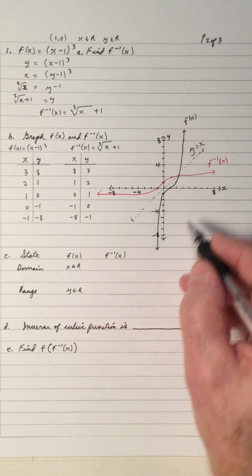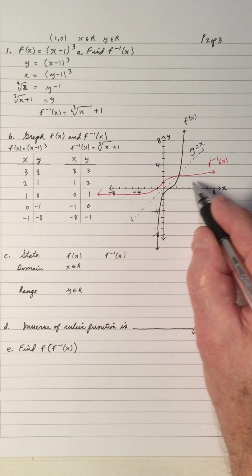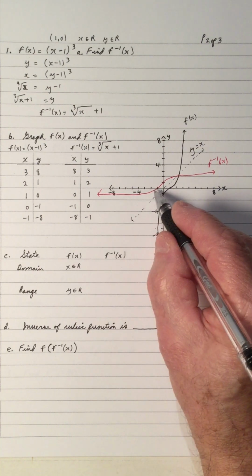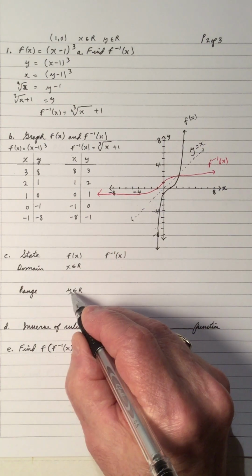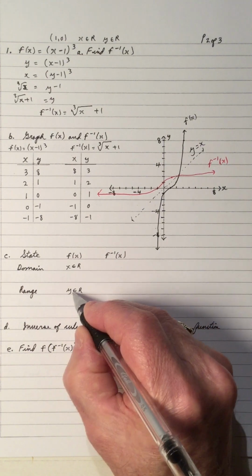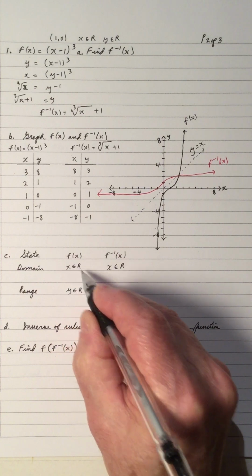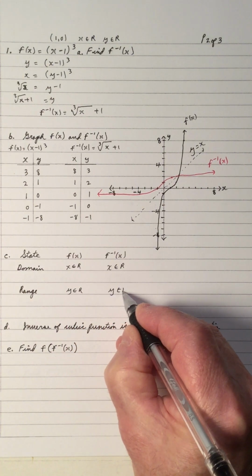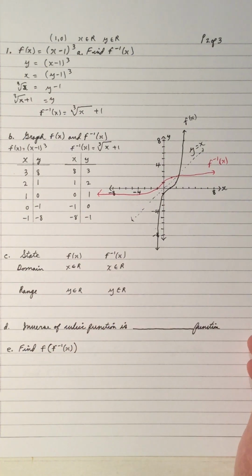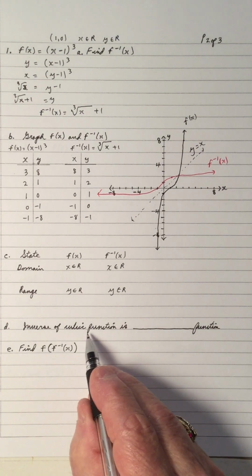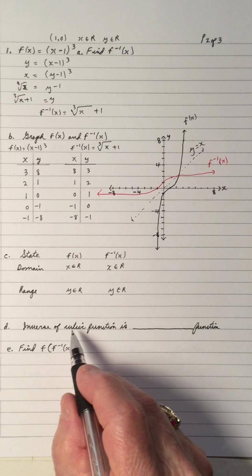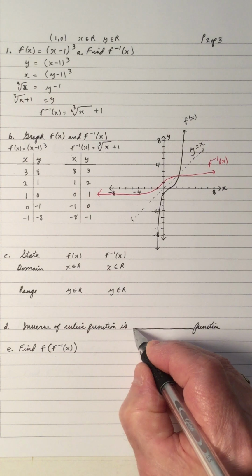And in its inverse, as x goes to the right or to the left, we have all of them. So in the inverse, the y's are the x's, and the x's are the y's. But because they're all the same, we can't see the difference. The inverse of a cubic function is a cube root function.